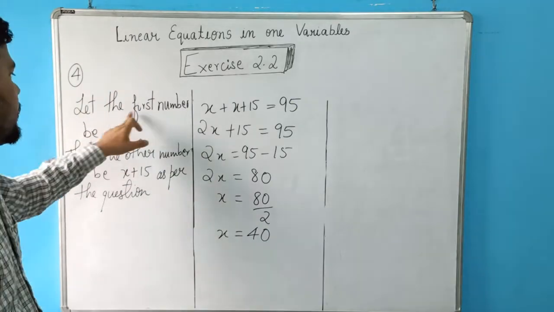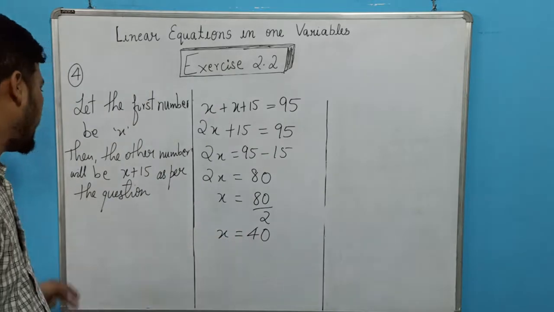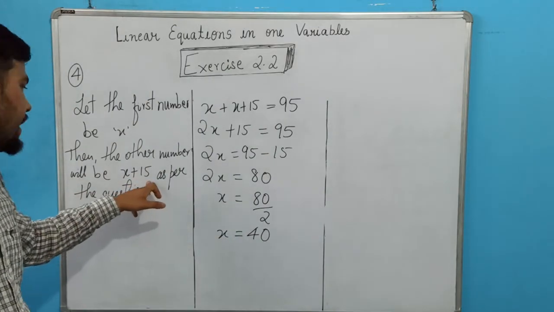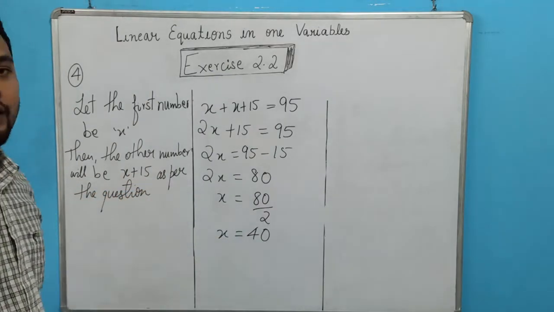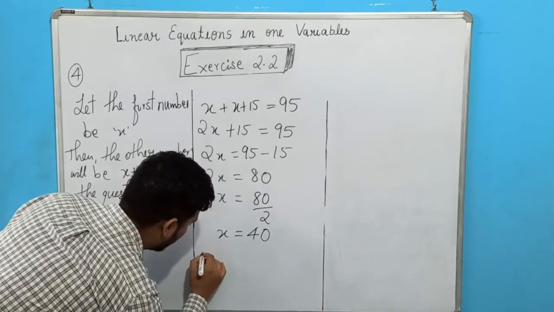And what is my first number? My first number is x. So what's my first number? My first number is 40. And what is my second number? My second number is 40 plus 15, that is 55. So let me just write down over here.